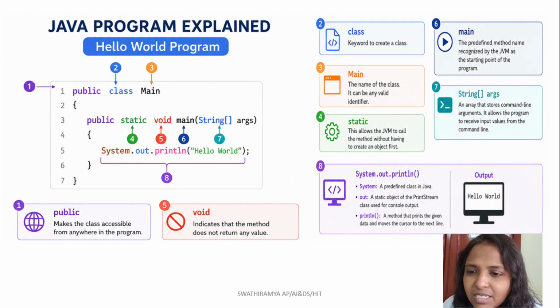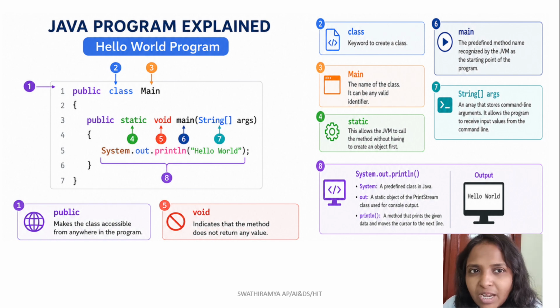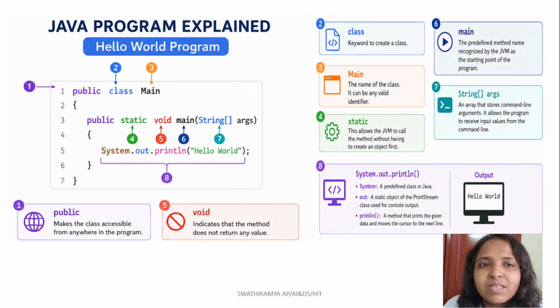Then what is static? Static is a keyword. This will allow the Java virtual machine to call this method without having to create the object. In Java, as I told you, we create the class, and for that class we create the object. Using that object we call the functions and use the data members, right? But this is a main class.